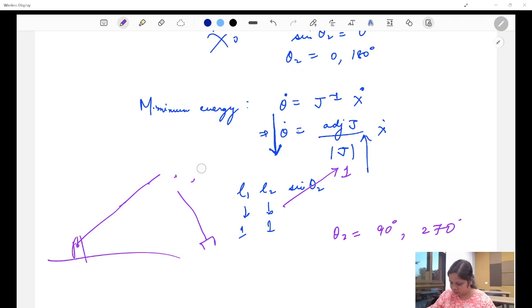I think I should make it more clear. In this configuration, this angle would be 90 now, and then you write. So we want to minimize energy and hence this happens. I hope all of this makes sense.